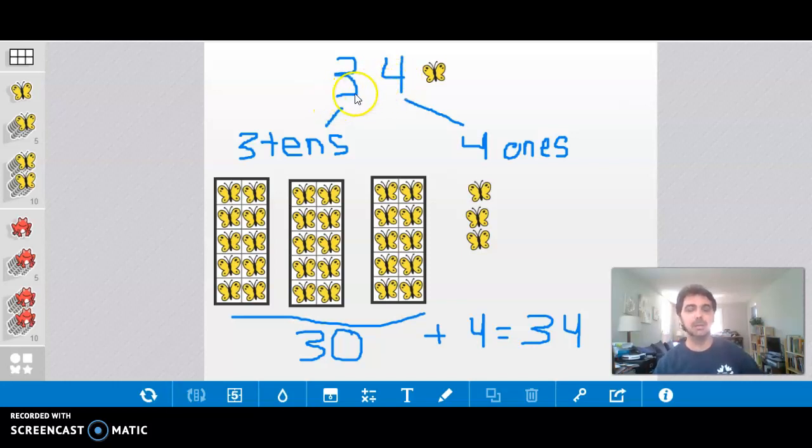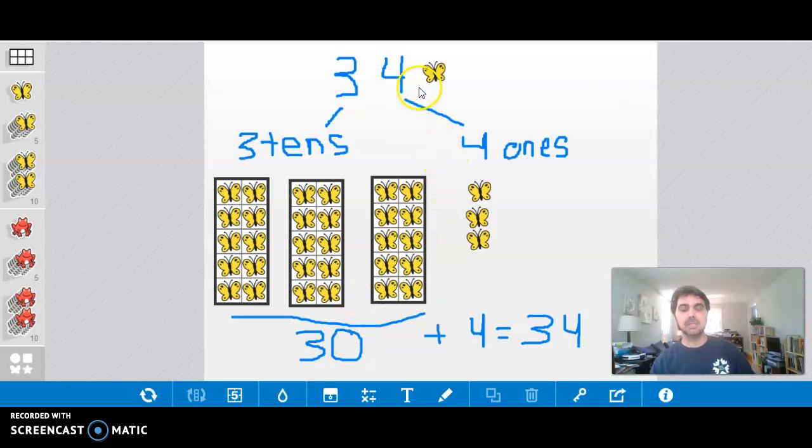Okay, so here we have a 34. The 3 tells us we have 3 tens. If we had a bunch of yellow butterflies, we have 1 ten, which is 10, 2 tens, which is 20, 3 tens, which is 30. So that 3 tells us we have 3 tens, or 3 full 10 frames, or 30 butterflies.